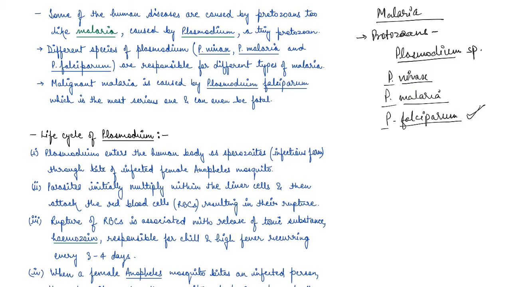Initially, the Plasmodium enters the human body in the sporozoite form, which is the infectious form. It enters through the bite of an infected female Anopheles mosquito. The female Anopheles mosquito is the carrier of the Plasmodium, and it bites humans to suck blood and transfers Plasmodium as sporozoites, the infectious form.